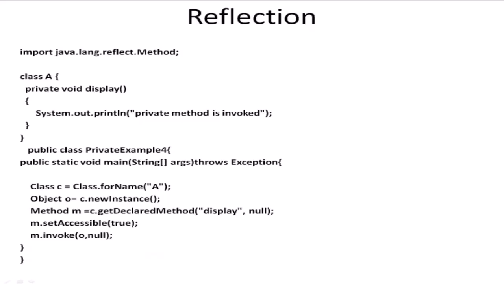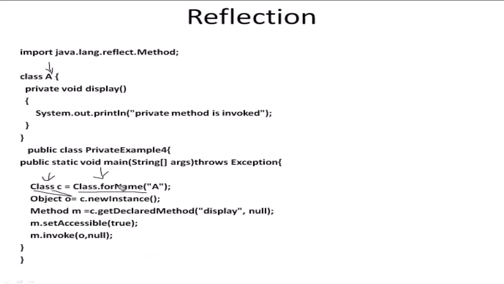So whenever you want to use a private method, for example, here a method called display, whenever you want to use such a method, we need to interrelate the object indirectly. For example, here we have written a class name C, but here what we are doing is Class.forName, we need to use the class A. We are going to interrelate this particular class to another class, but this particular class may not be present.